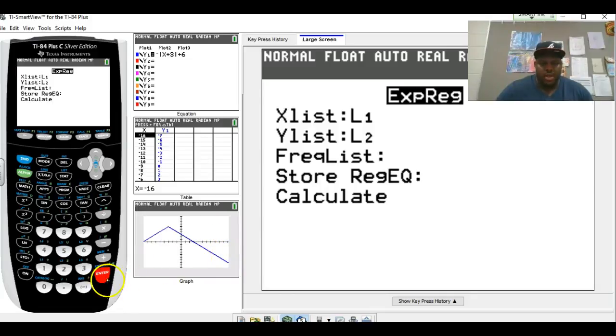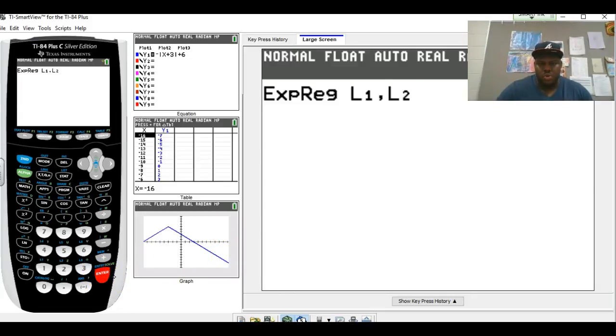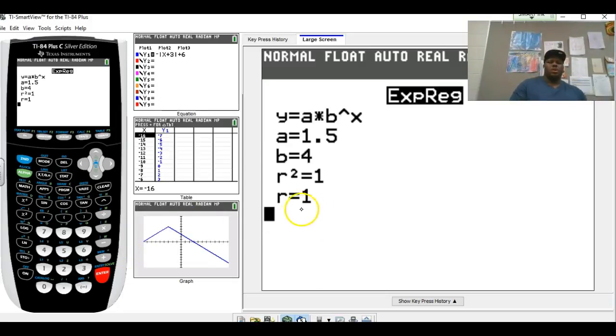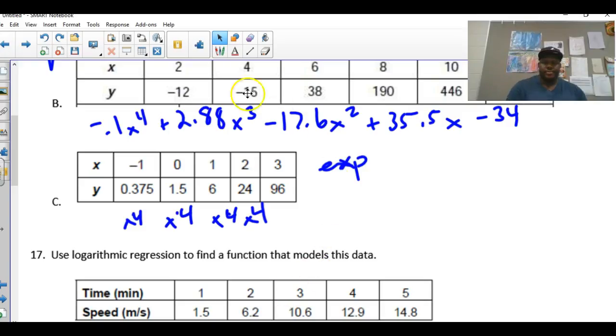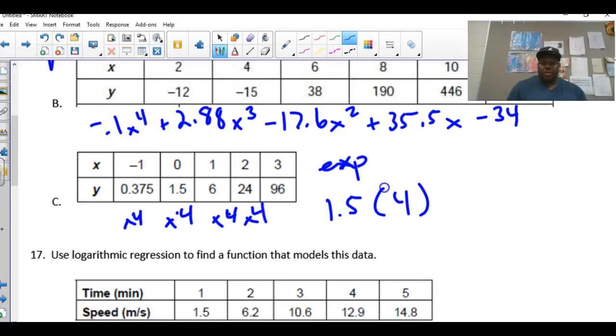So hit enter right there, and we're going to see if this is exponential. Boom, there we go. As you can see, R squared is 1. So our equation is 1.5 times 4 to the x, all right? So we have 1.5 times 4 raised to the x.